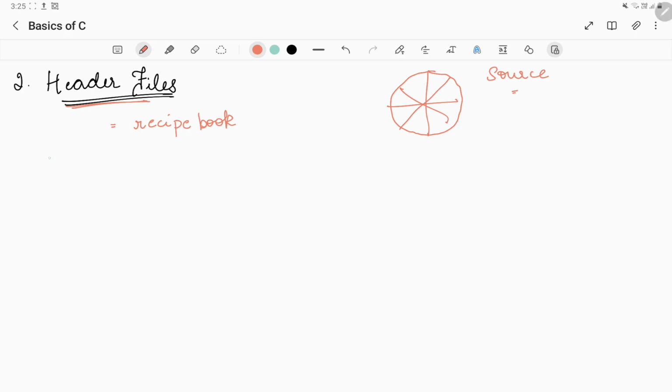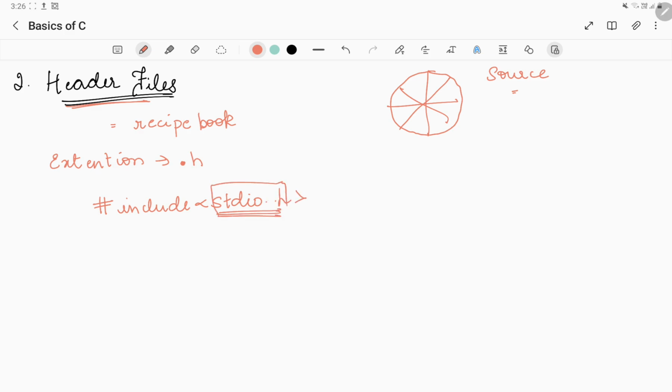It has the extension .h. I guess you already know one type of .h extension. If you remember, we had written hashtag include stdio.h.